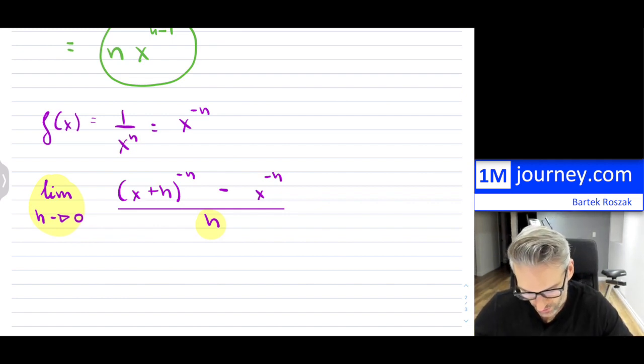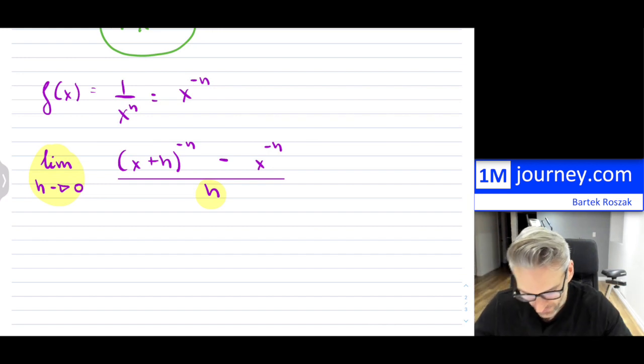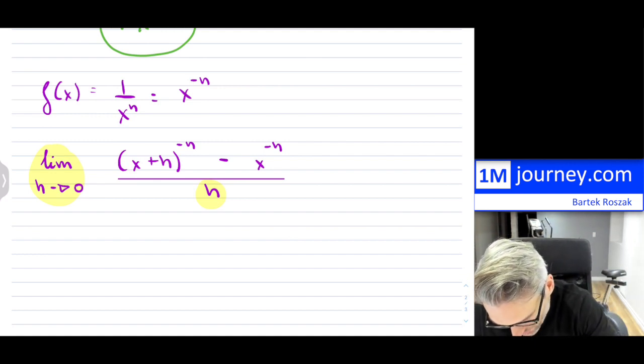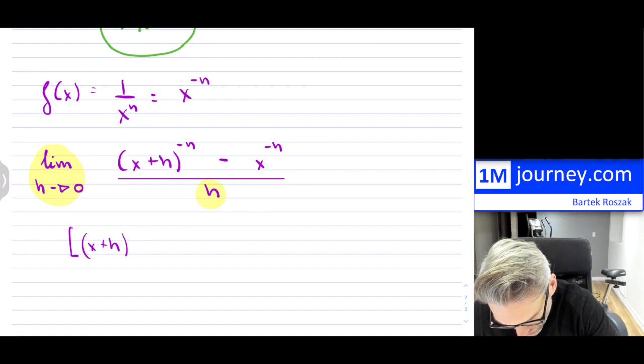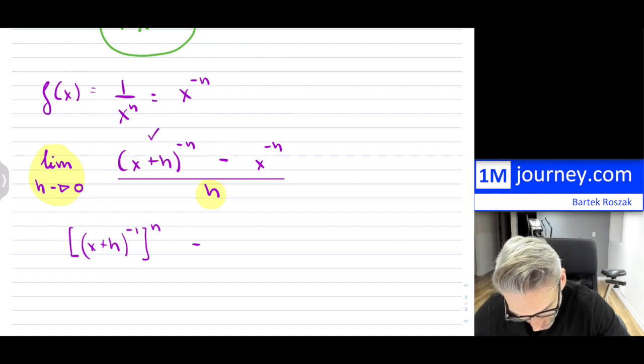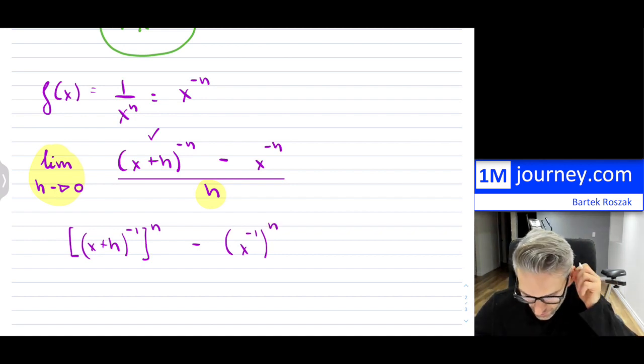The first thing is that it's not exactly the nth difference as I had above, because I have that negative, but that doesn't cause me much headache. If you know your exponent rules, I can say (x plus h) to the negative n is the same as (x plus h) to the negative 1, all to the n. Then minus x to the negative 1, all to the n. I'm bringing that n outside. So that's my new numerator.